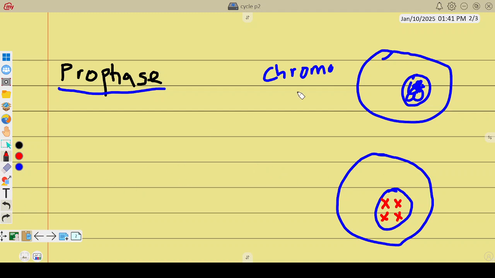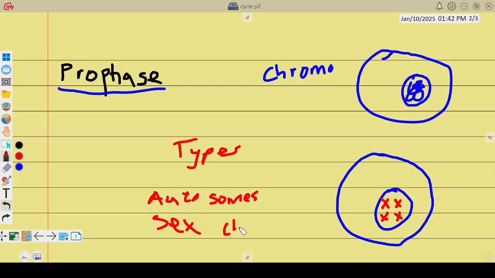I even forgot to mention this when we were discussing the chromosomes. You can just take note of the types of chromosomes. We have autosomes and sex chromosomes.